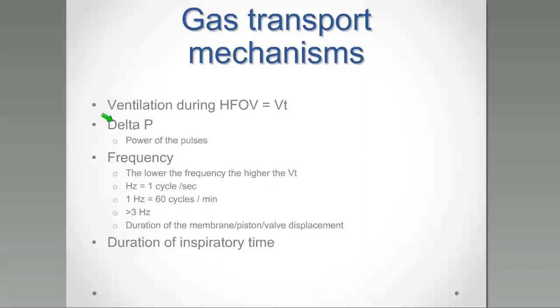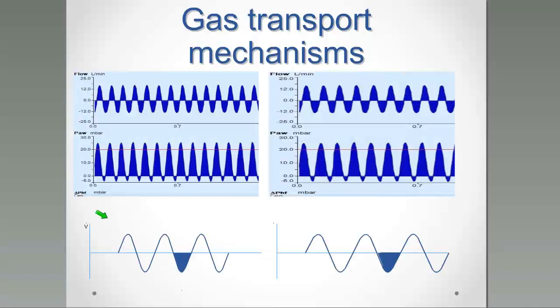This is the power of the pulses, the power of the movement or displacement of the valve during the ventilation. The lower the frequency, the higher the tidal volume, and also the duration of the inspiratory time: the longer the displacement in, the higher the tidal volume it generates.